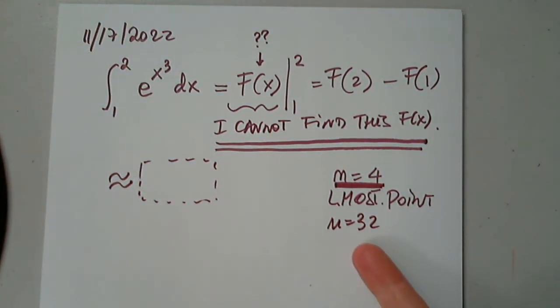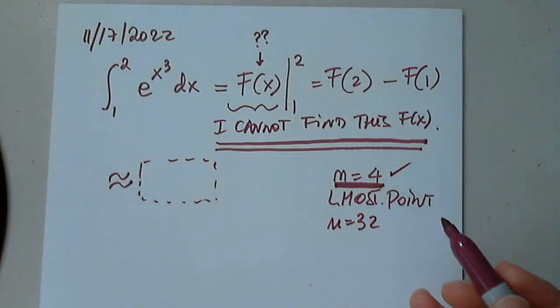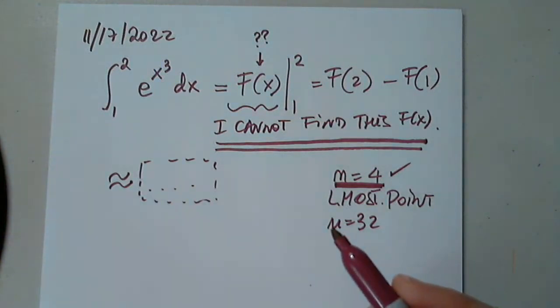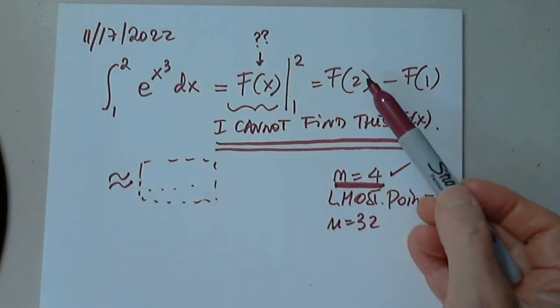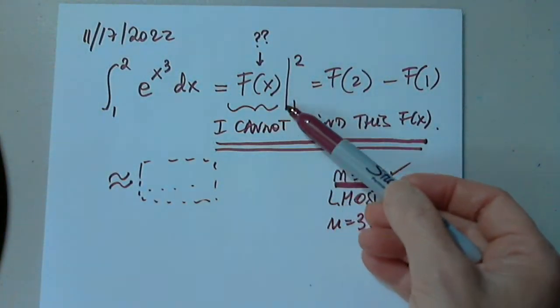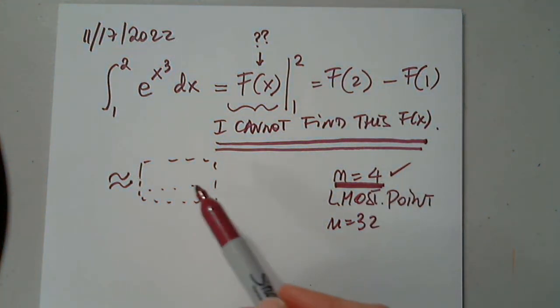But I'm not going to spend the next 3 days finding this with 32 subintervals. I'm kidding, not that much. I'm going to do it only with 4 subintervals, so I'm going to get a number. It's nowhere near exact, because I'm using 4, but I can still get an approximation.